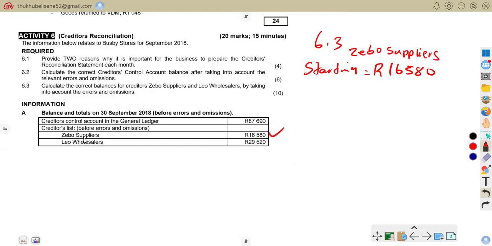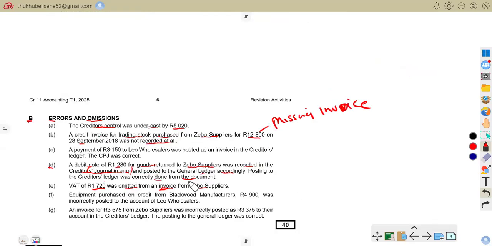So the starting amount for Sebo supplier is 16,580. So now we are to have adjustments now. Under that, adjustments. So as we can see, we're going to talk about any adjustments that talk about Sebo suppliers. So now let us go to those adjustments, error and omission.